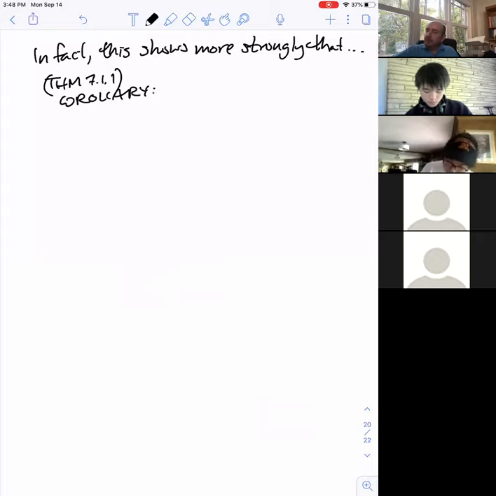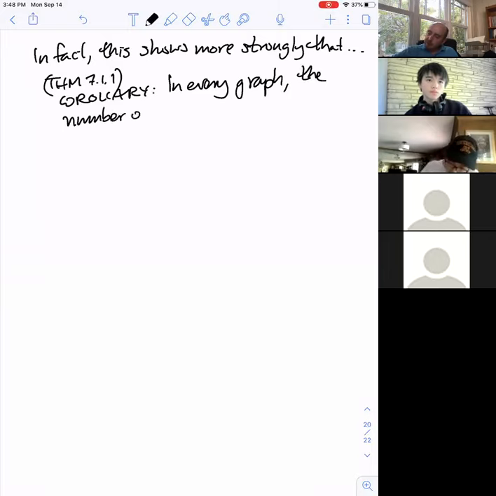It says, in any graph, when you look at the number of vertices of odd degree, there actually has to be an even number of such vertices. So in every graph, the number of odd degree vertices, that is vertices whose degree is odd, must be even.